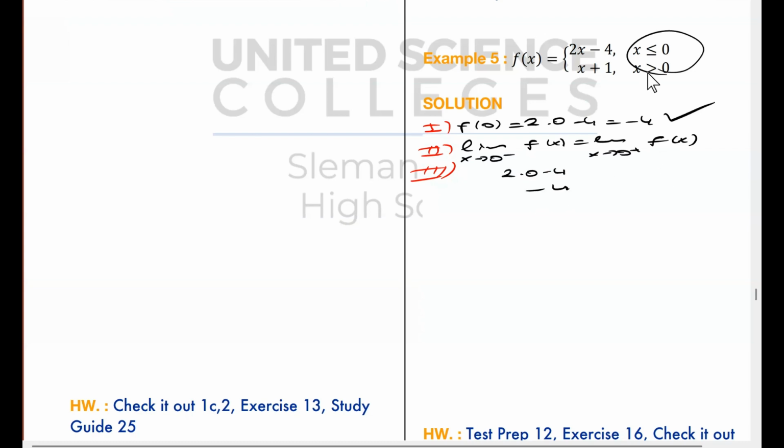The right-sided limit, insert 0 back: 0 plus 1, which is 1. So negative 4 is not equal to 1. Then we say the limit does not exist. The right-sided limit is different than the left-sided limit.